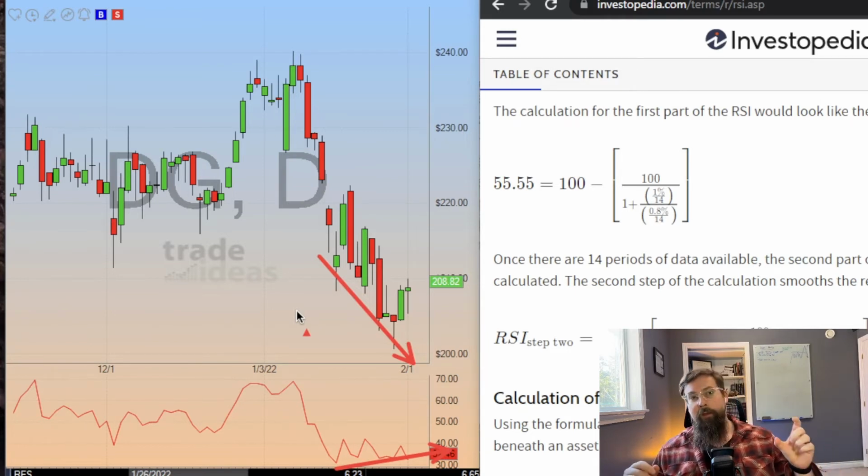Having higher lows on the RSI means there are bigger green candles than red, or more green candles than red. And having lower lows on price just means price is moving down. So if price is moving down, but intraday the buyers are taking more control with larger green candles or more green candles, that could potentially signify a turning point.